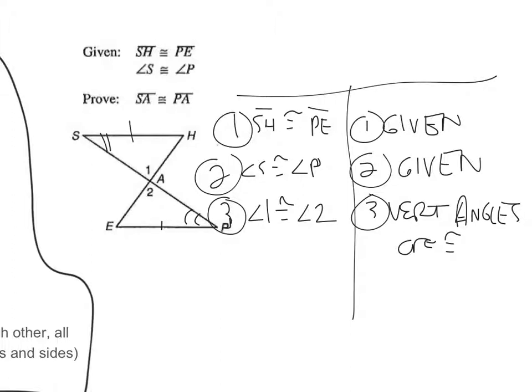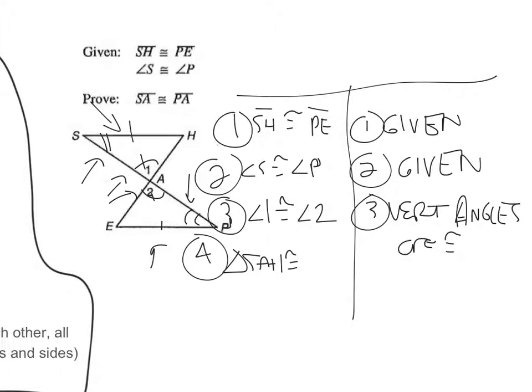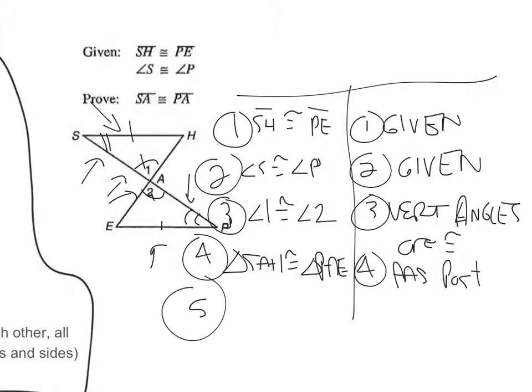That's going to be angle, side, angle, side. So I'm going to say yes, the triangles are congruent: triangle SAH is congruent to triangle PAE by angle side postulate.